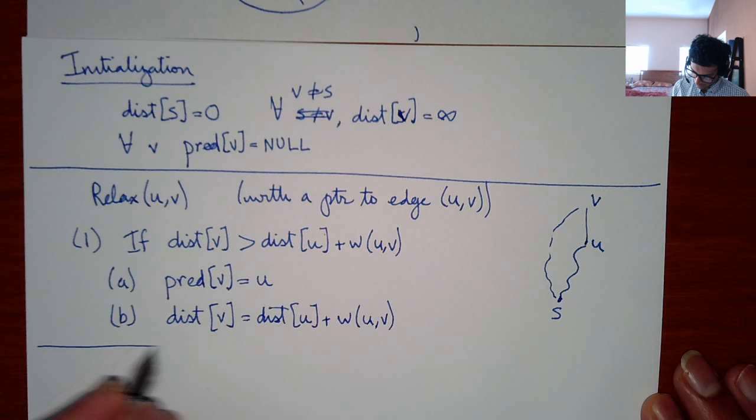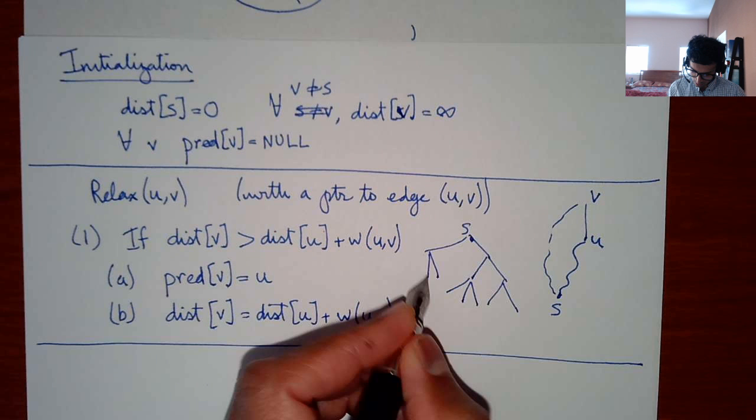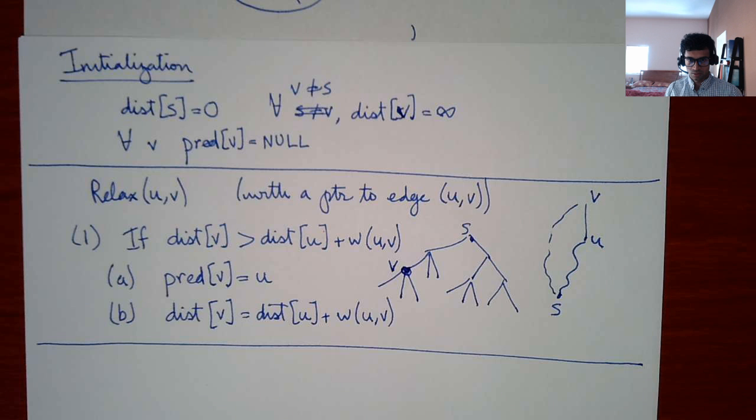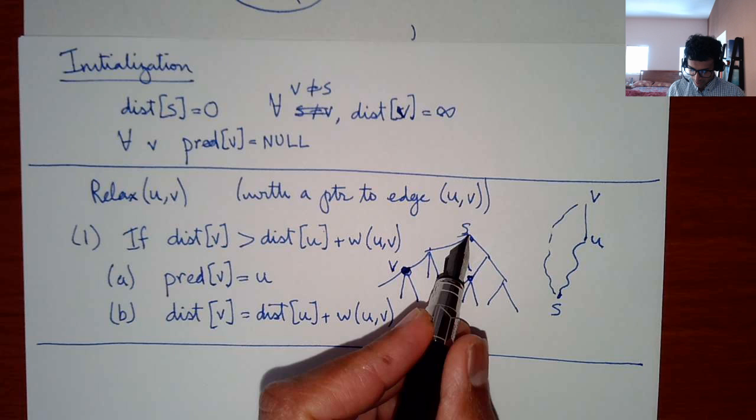Another way to think of this is, let's say you have s here and your predecessor has maintained some tree. And so you have some vertex v over here. What you recognize is that instead of going along this path, it's actually better to go from s to u and then take this edge.